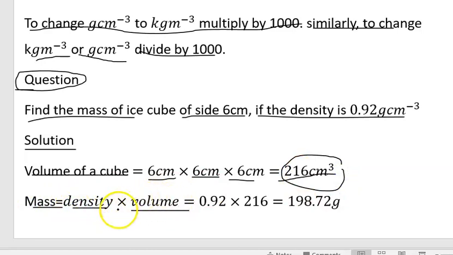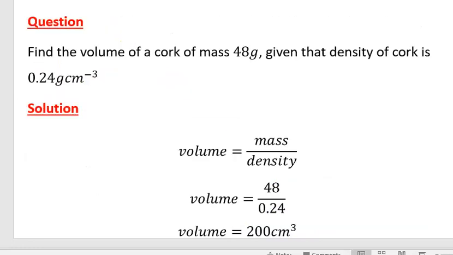And therefore, the density given is 0.92 multiplied by the volume calculated here, which is 216. By so doing, we are getting 198.72 grams.